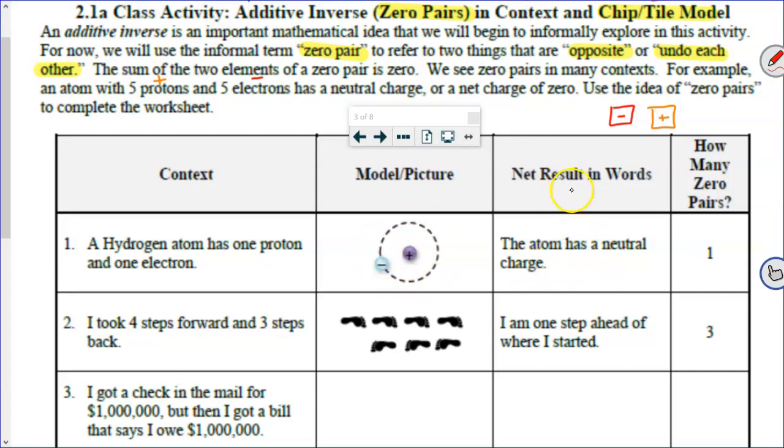So the net result in words, what that really means is we're using words to say what is the final result? It's neutral. You could also say 0. And then the last column, we figure out, okay, how many zero pairs did we make? Here is that 1 zero pair, and so we write 1.